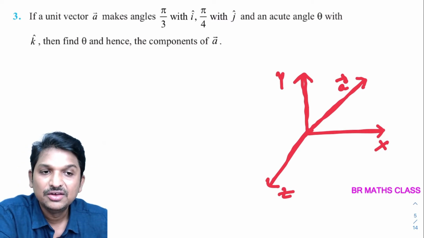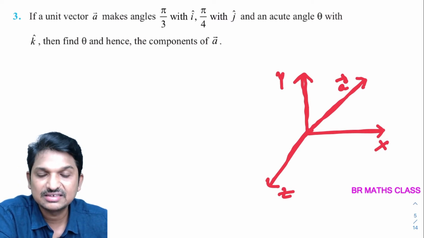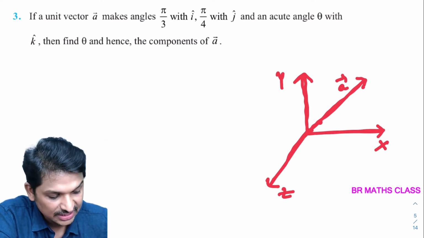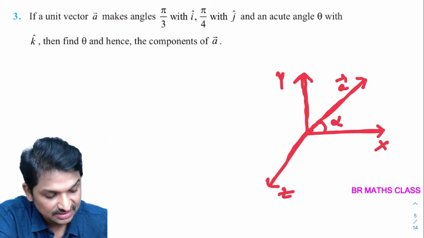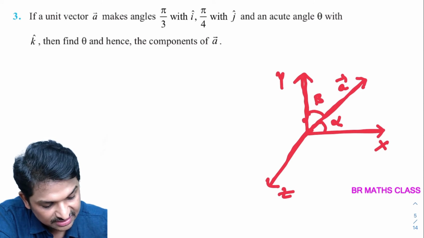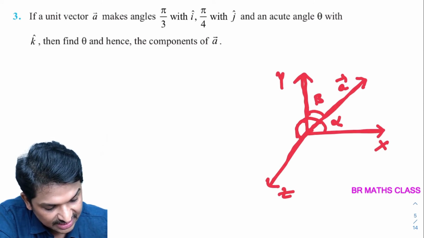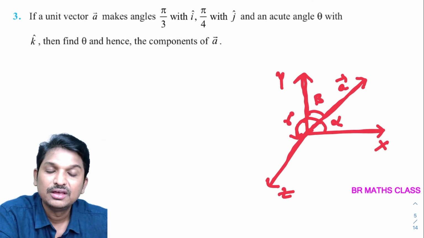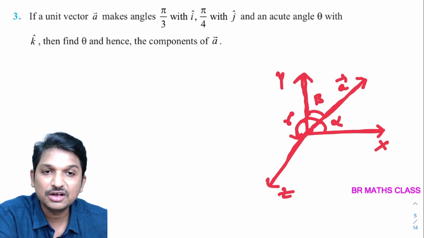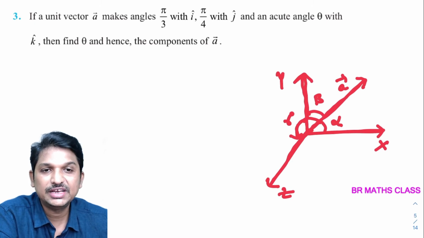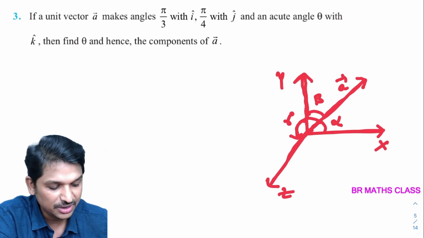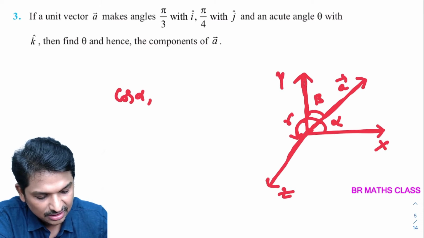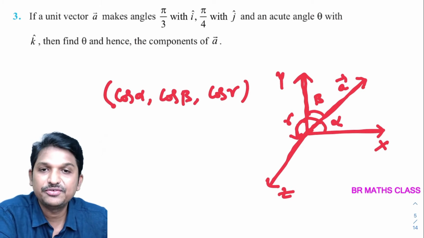If there is a vector which makes an angle alpha with x-axis, an angle beta with y-axis, and an angle gamma with z-axis, then cos alpha, cos beta, cos gamma are called the direction cosines of the vector a bar.